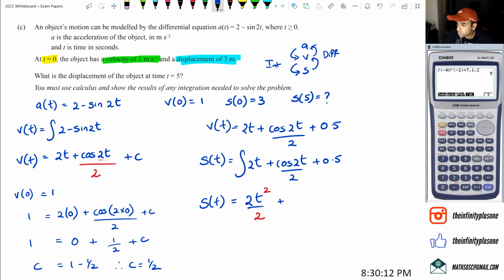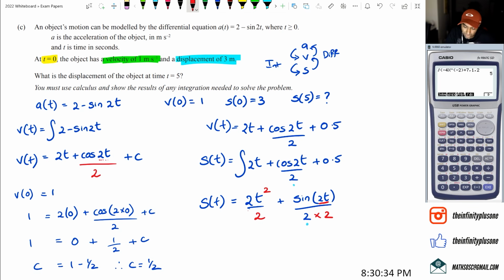Now cos, when you integrate it, you get sine, so we get sine 2t. Now this is the original 2, the one here, but I've got to divide by the derivative of whatever is in the bracket, which in this case is 2.